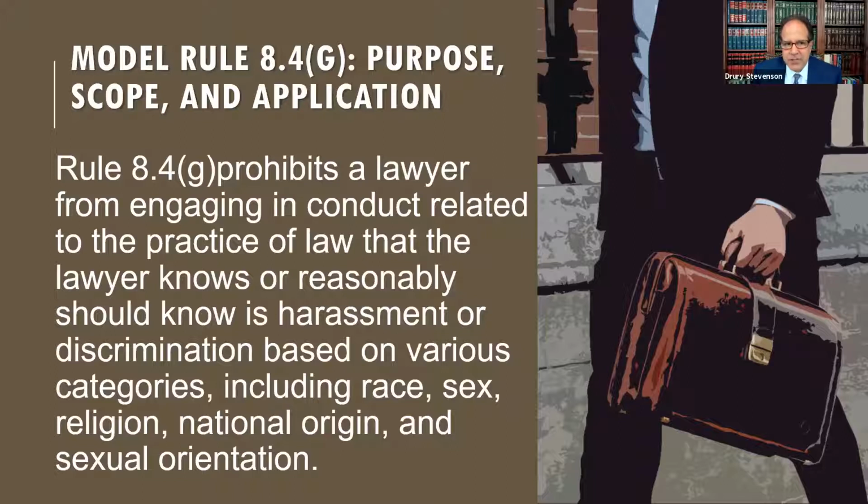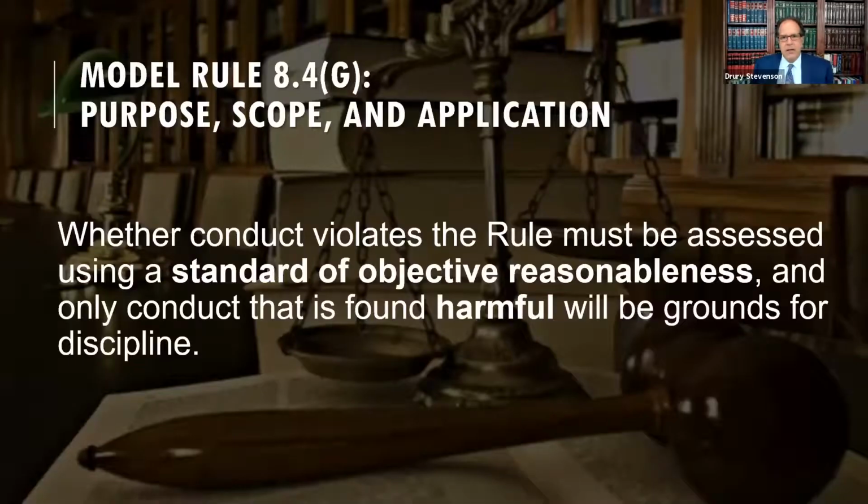8.4(g) prohibits a lawyer from engaging in conduct related to the practice of law that the lawyer knows or reasonably should know is harassment or discrimination based on various categories, including race, sex, religion, national origin, and sexual orientation. Now, whether conduct violates the rule must be assessed using a standard of objective reasonableness.